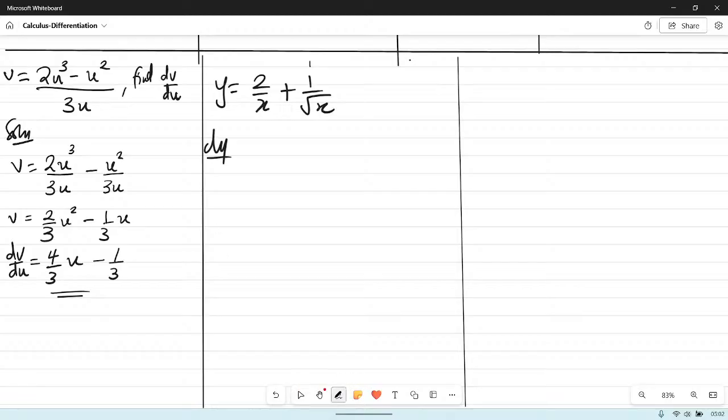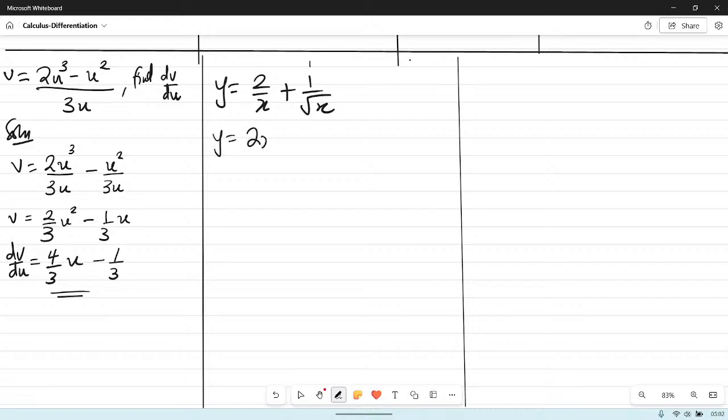So the dy/dx becomes what? Or you rewrite it first. Okay, let's rewrite it first. So y becomes what?